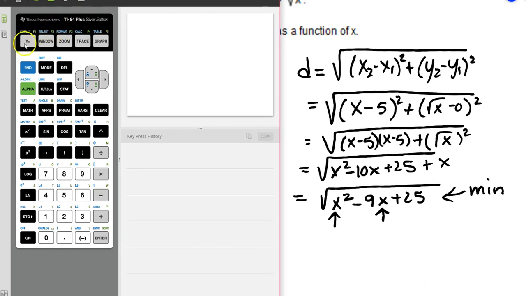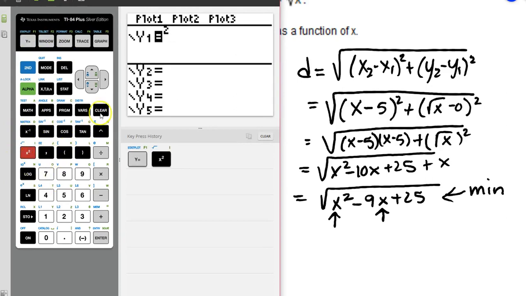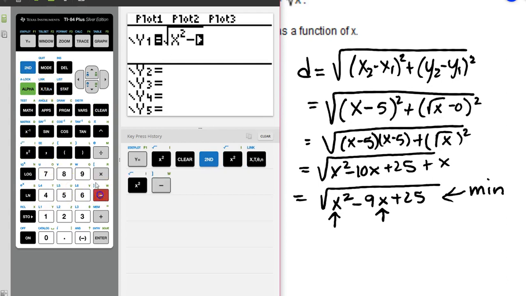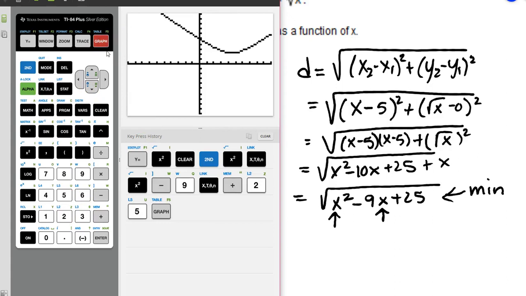So to do it with the graphing calculator, I'm going to type into the y equals menu the function that measures the distance. So we want to do the square root of x squared minus 9x plus 25, and take a look at the graph.